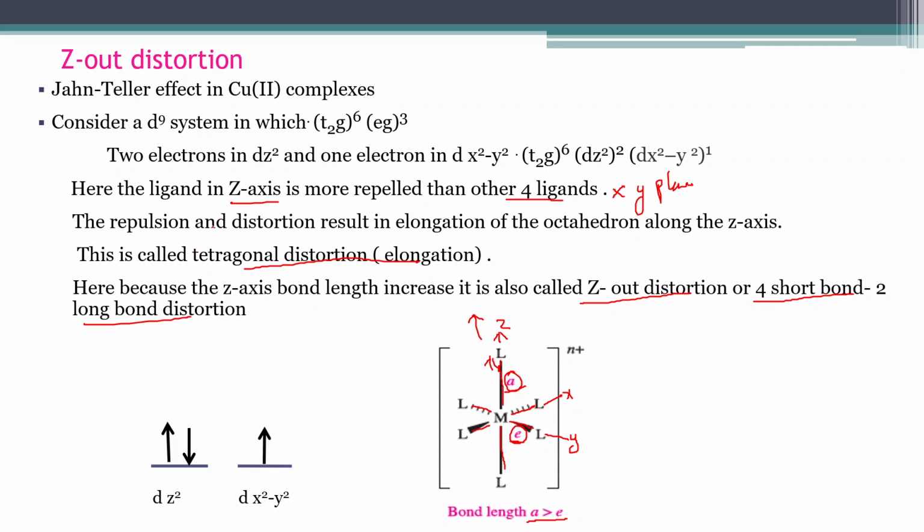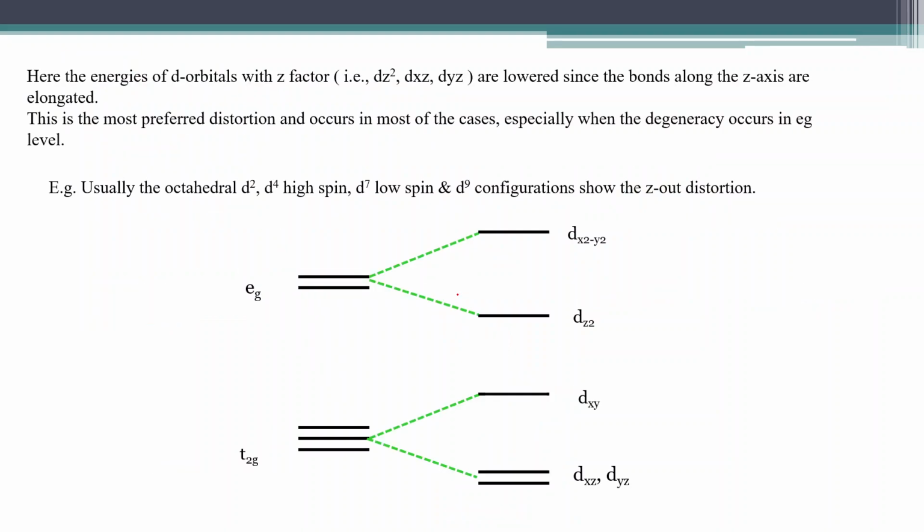The repulsion and distortion result in elongation of the octahedron along the Z axis, and this is called tetragonal distortion elongation. Because the Z axis bond length increases, it is also called Z out distortion or 4 short bond 2 long bond distortion. So 3 names: Z out distortion, 4 short bond 2 long bond distortion, and tetragonal distortion elongation. So remember this one.